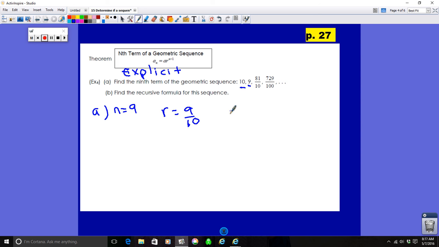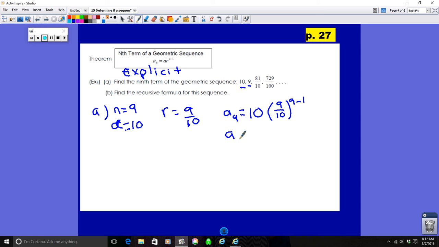So here, if we want to find the 9th term, a of 9, this is the first a, which again is going to be your first term. It actually can be any term, but in this case we're going to use the first term. 10 times the ratio, which is 9/10, to the power of n minus 1.